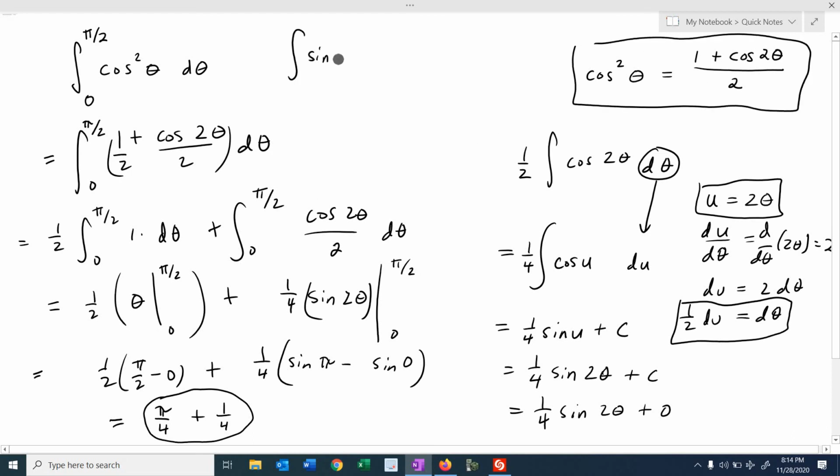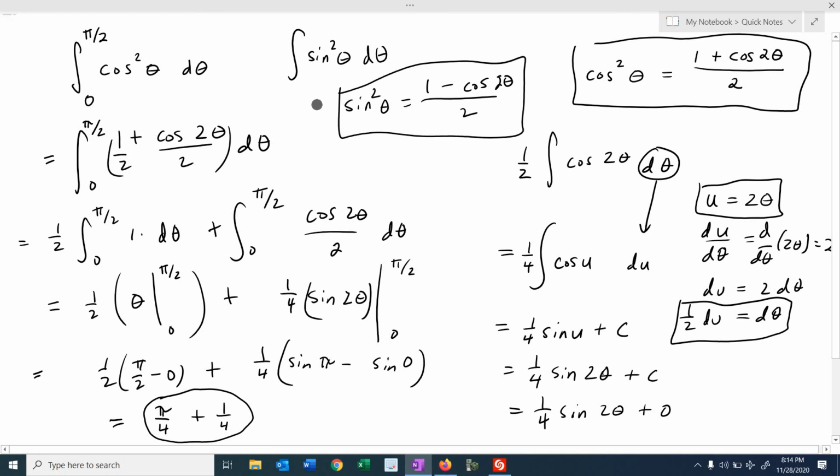And again, if it's sine squared of theta, then we have to use the other identity, (1 minus cosine of 2 theta) over 2. Again, the only difference is this sign here. And a very similar thing is going to happen if you use this one. The only difference is you'll have a minus sign here. The first definite integral that you get here will be easy to evaluate, just like we did here.